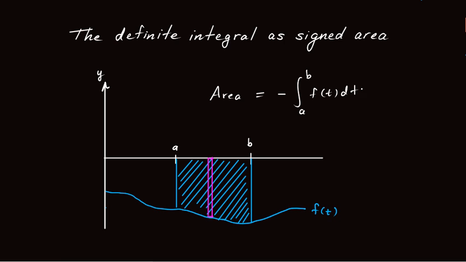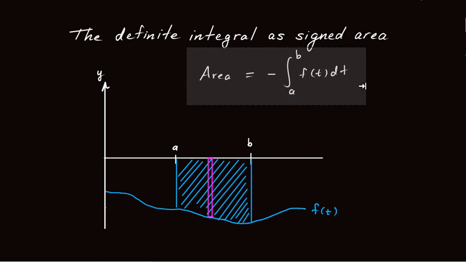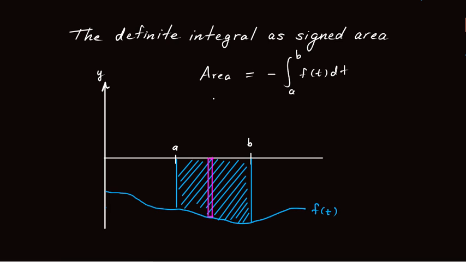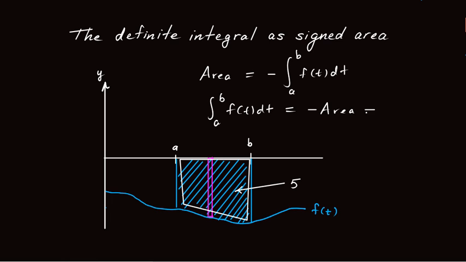Or in other words, the integral from a to b f of t dt is equal to minus area. It's negative area. So for example, if the area between f of t and the x-axis is 5, then the actual integral is going to be minus 5.